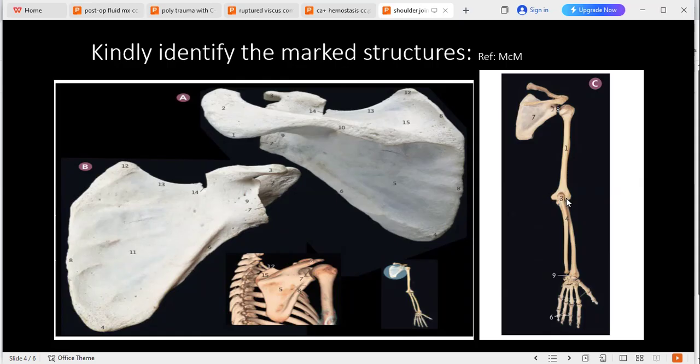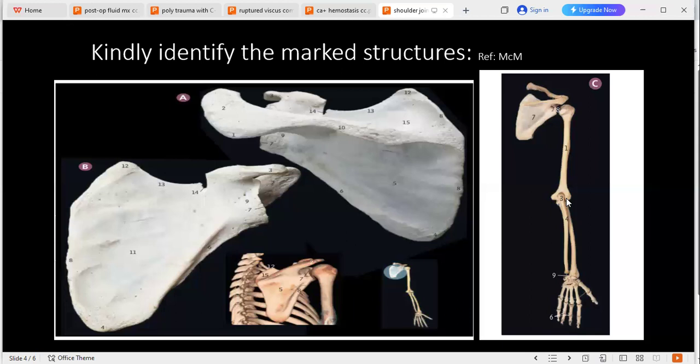If you are asked to draw the surface anatomy of the brachial plexus on a living person, how would you do it? The brachial plexus roots lie posterior to the scalene muscle.